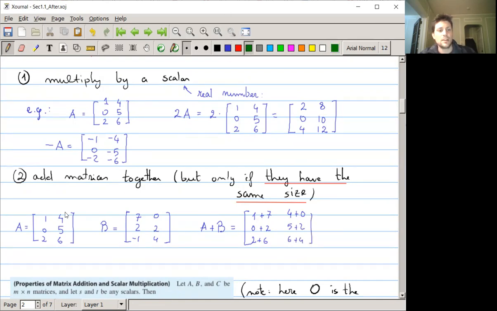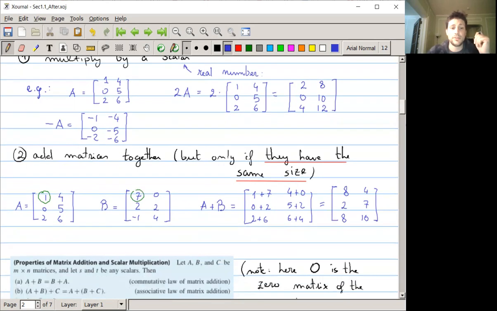I'm taking every one of these entries here and adding it to the corresponding one in B. I wrote it out loud, but we will get fast at computing this sort of thing. Just this time, I write out every step. But that's what A plus B is by definition.